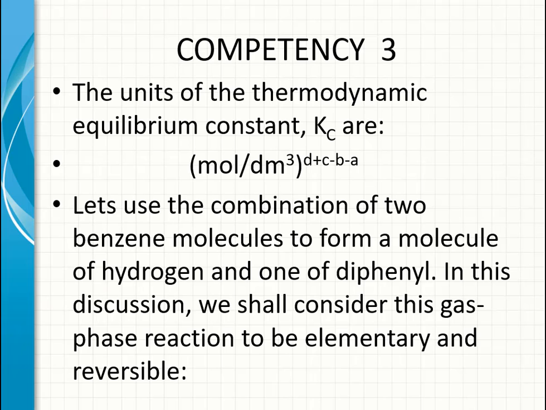Let us combine two molecules of benzene to form a molecule of hydrogen and one of diphenyl. In this discussion, we shall consider this gas phase reaction to be elementary and reversible.